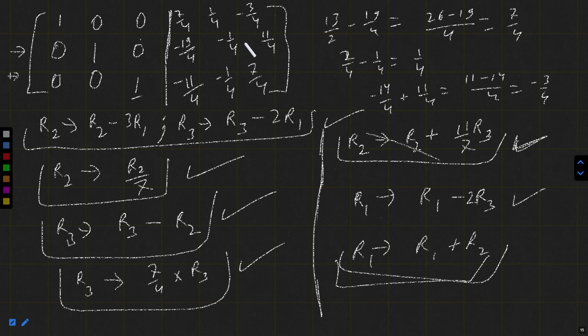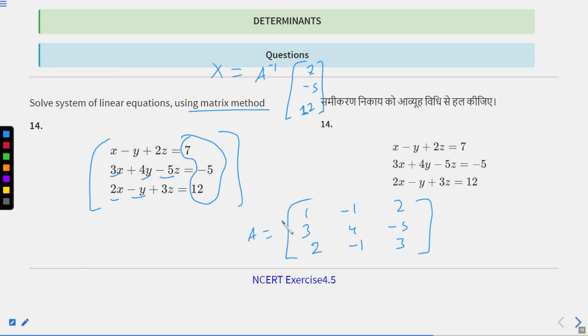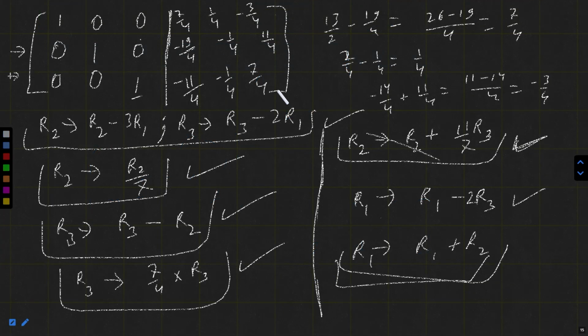Okay, so your A inverse will be this. Simple. So let me write over here. A inverse. I'm taking 1 by 4 out, as you can see, 1 by 4 is common.